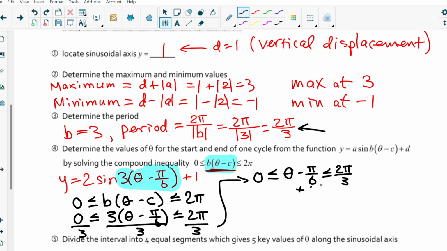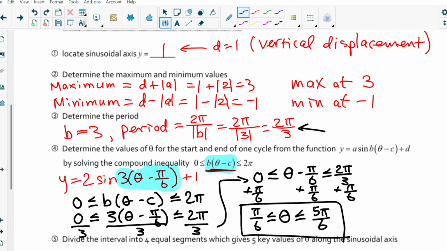Okay, we need to add pi over 6 to all the sides. So that's pi over 6 is less than or equal to theta, which is less than or equal to 2 pi over 3 plus pi over 6. That's 4 pi over 6 plus pi over 6. That's 5 pi over 6. Okay, put a box around that.